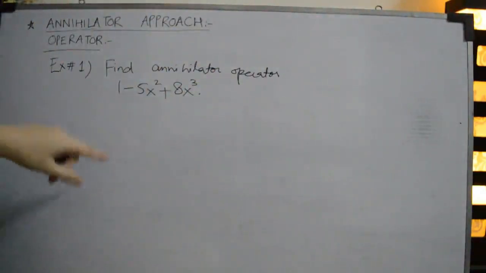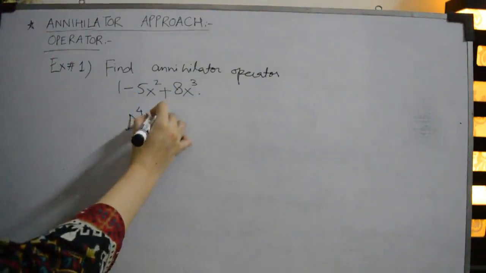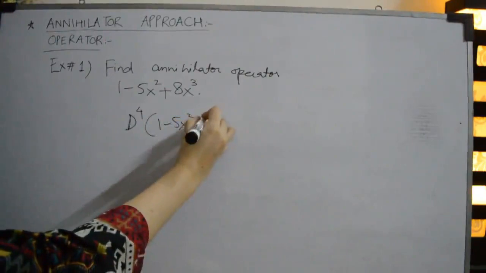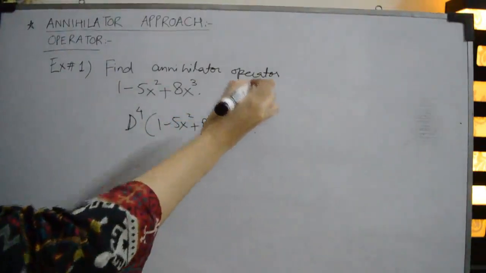Definitely it is a polynomial function, a cubic polynomial function, and the highest power is x cube, so the annihilator is one order greater than the highest power. So definitely you can see that its annihilator operator is d to the power 4. So that means d to the power 4 applied to 1 minus 5x square plus 8x cube is equal to 0.